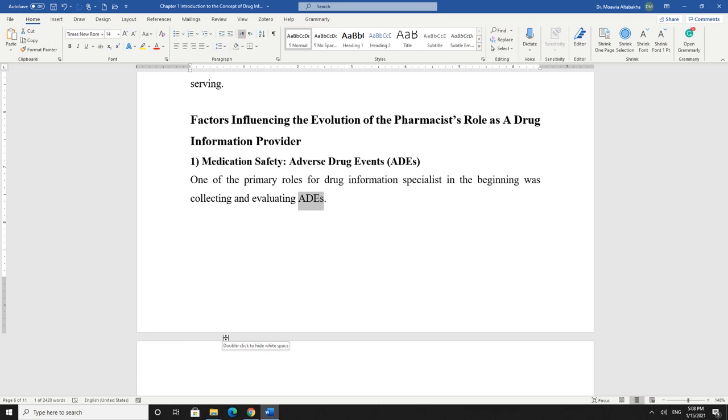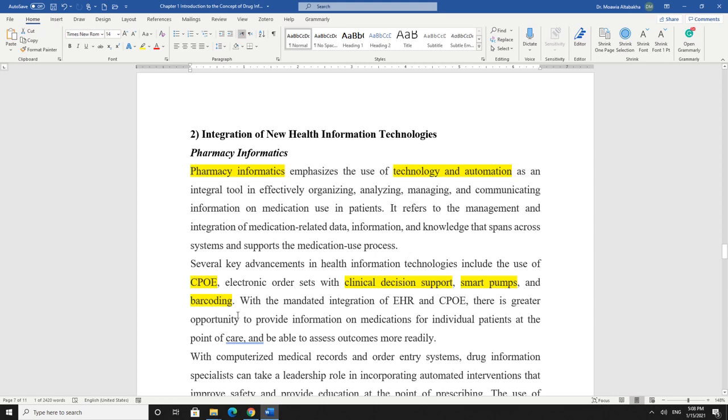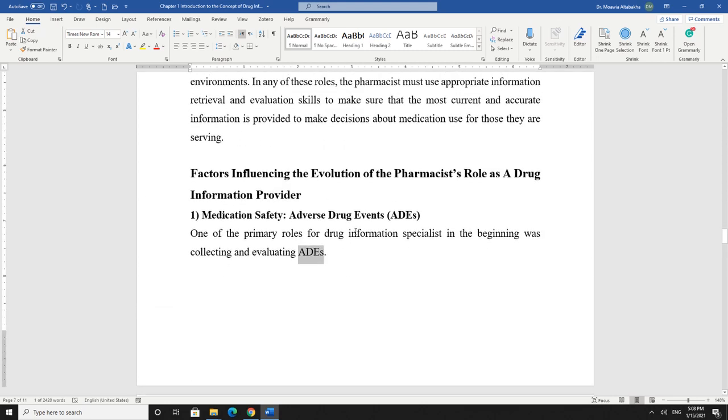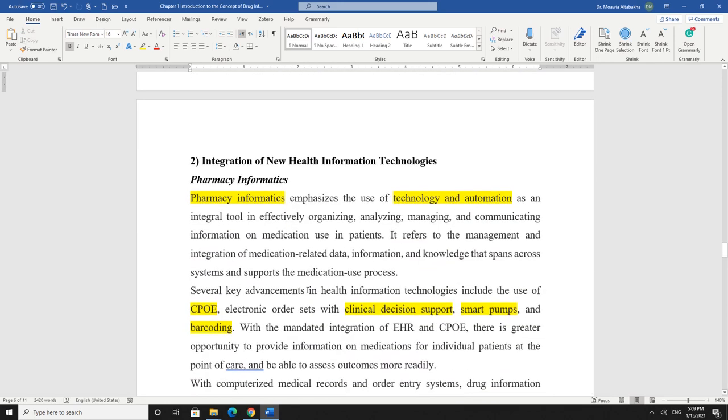Someone, of course, the one who reports to FDA. And those at the FDA receiving the report, they need to be drug information specialists to understand the case.